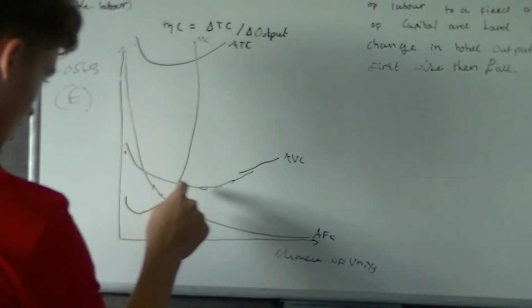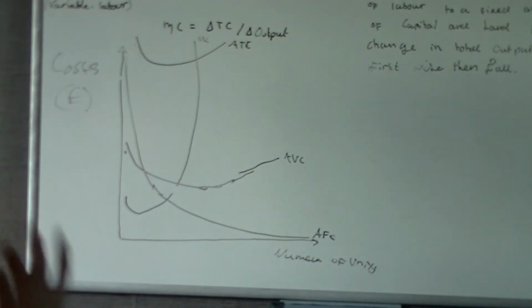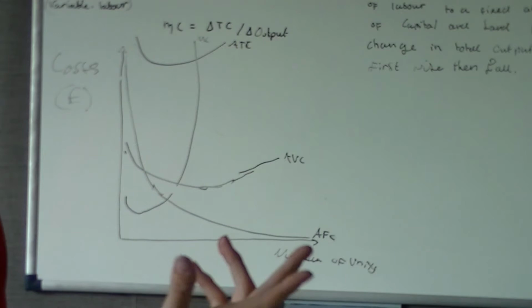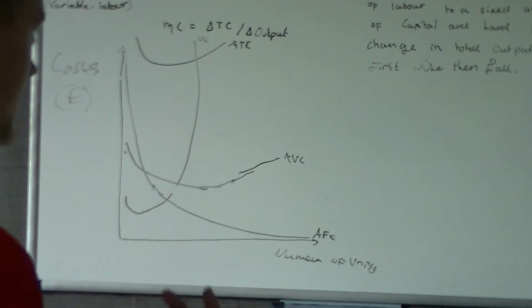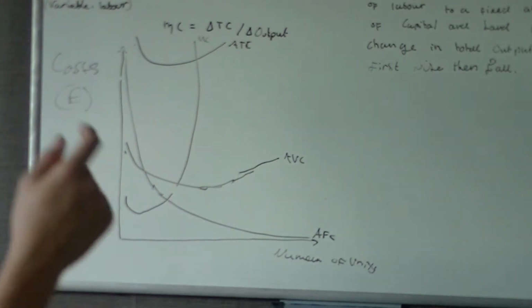Your average variable costs are initially falling because of something we looked at in business studies, called the division of labour. That's where the task is split up. If you've got a pin, you've got the head and the little pointy bit at the end, and they're two units.